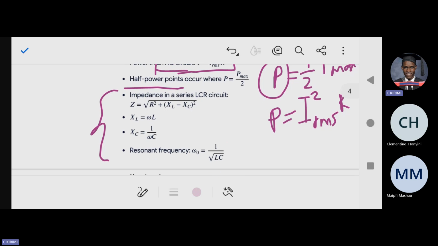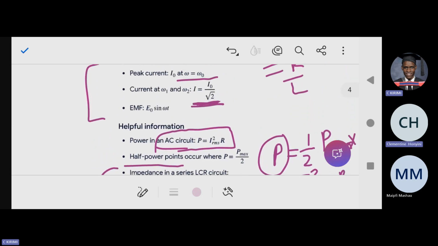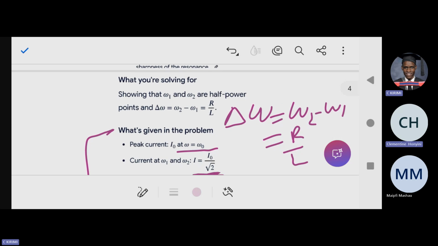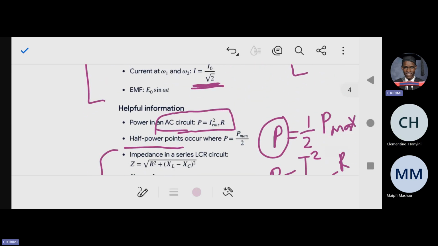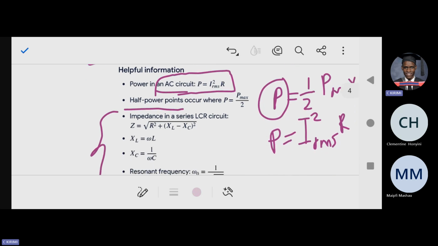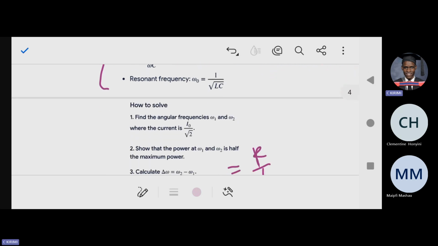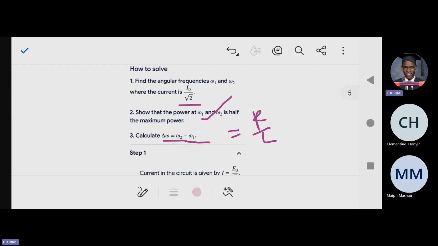But when you are calculating, what is it that you want to solve? We want to solve for the change in W. So first you must find W1 and W2. Once you find W1 and W2, you are able to find the change in W. Then you simplify, you see if it equals R over L. So the angular frequencies omega 1, omega 2, where current is I naught over root of 2 from the given information.